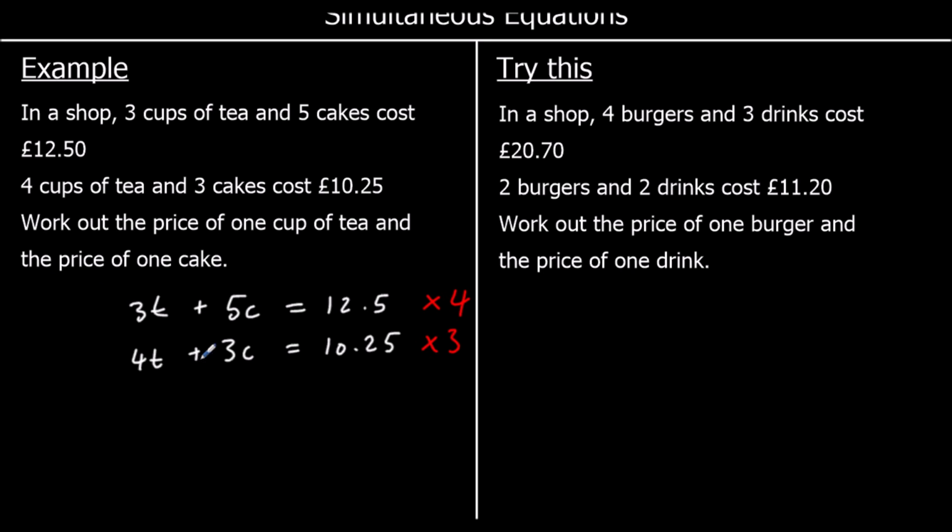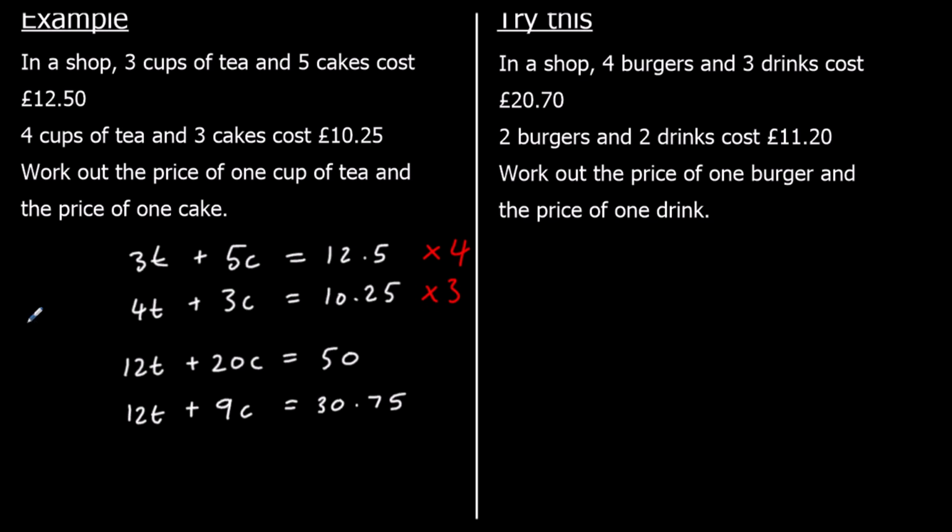So multiplying the top equation by 4 gives me 12t plus 20c equals 50. And multiplying the bottom equation by 3 gives me 12t plus 9c equals £30.75.